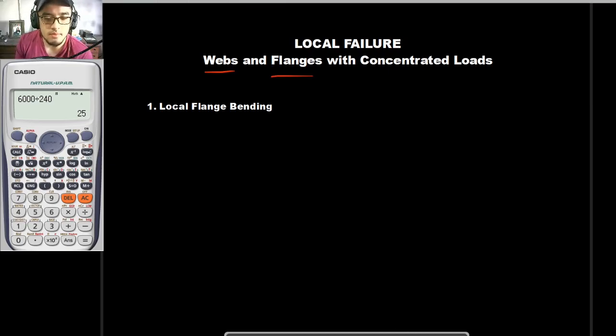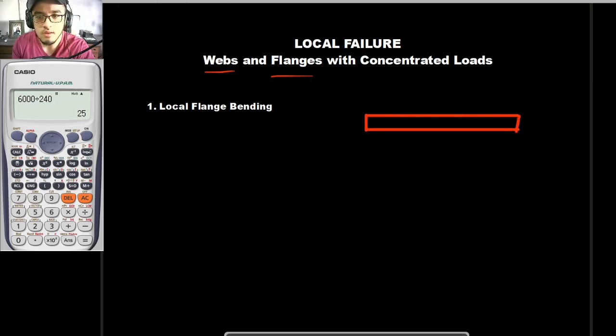So, for example, you have your member right here. Oops, my member tilted. So, this is our member in side view. Then, if you have some concentrated load, for example, a very large point load, you would be checking if your webs or your flange would not fail.